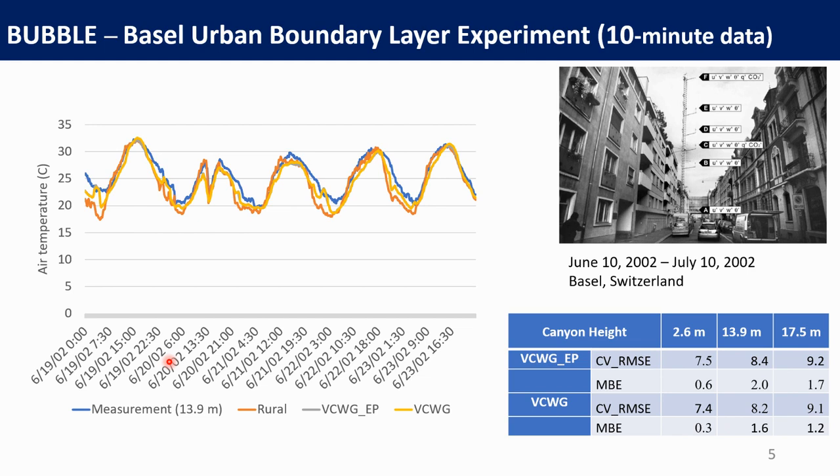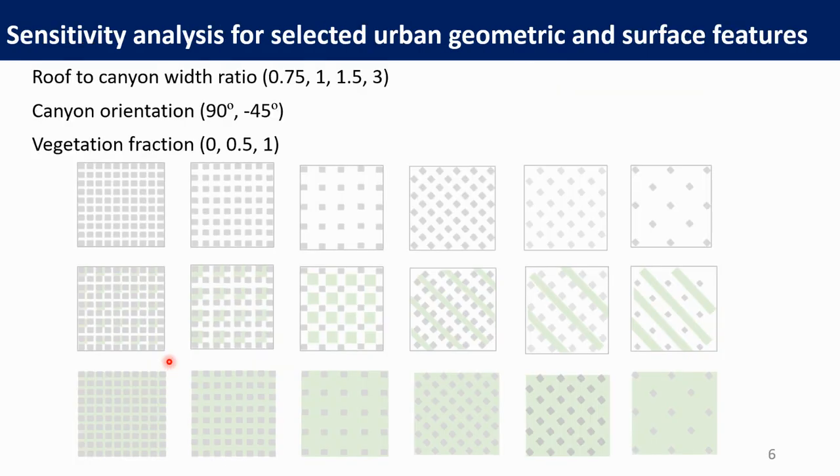Again, we compared the coupling approach between VCWG and EnergyPlus, as well as just the VCWG alone, that's the urban physics model. Again, they are very comparable. So once we did that, we had some confidence about the two-way coupling approach and understood the implementation was valid.